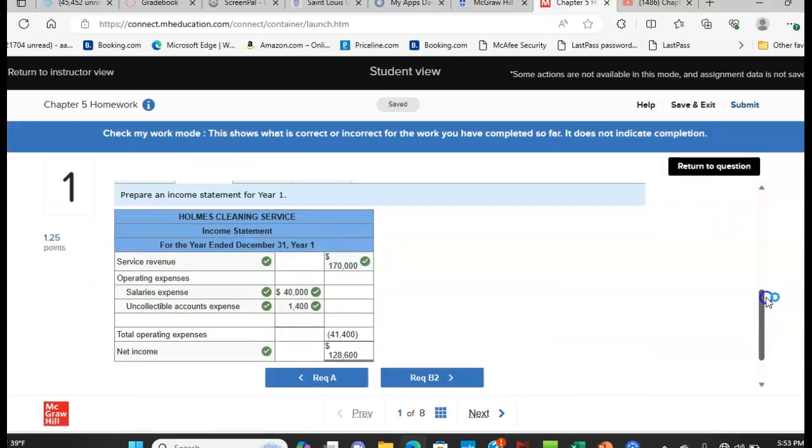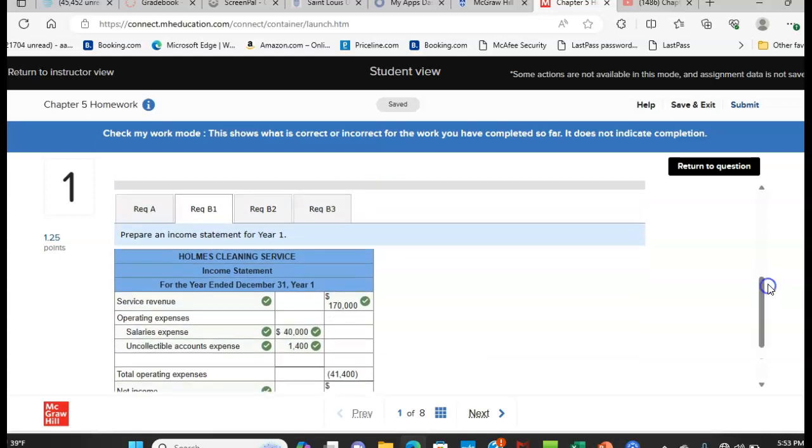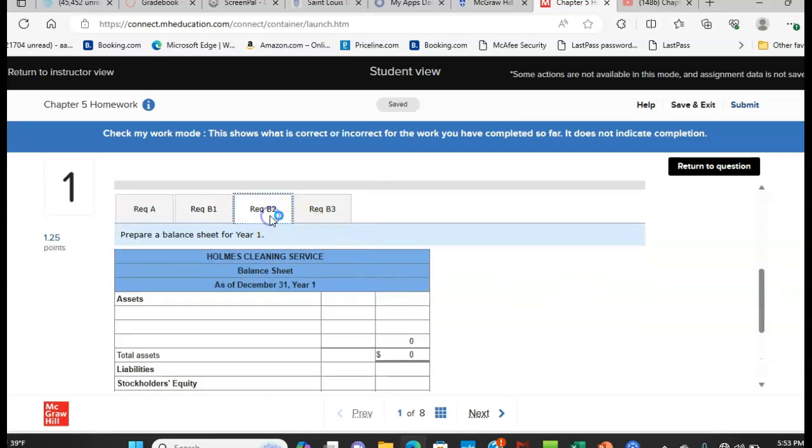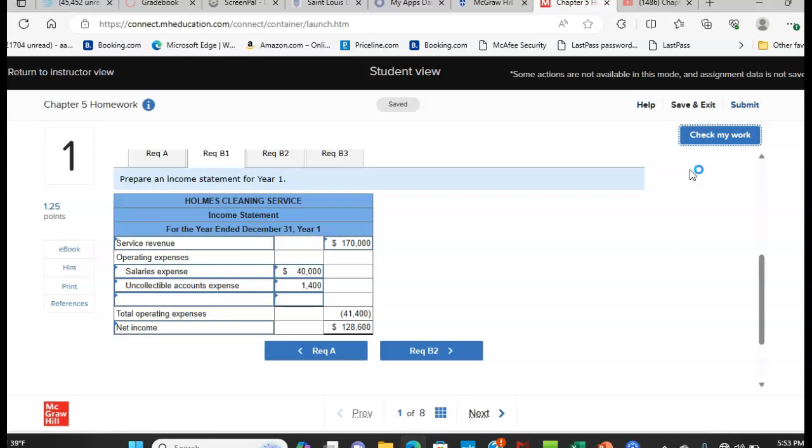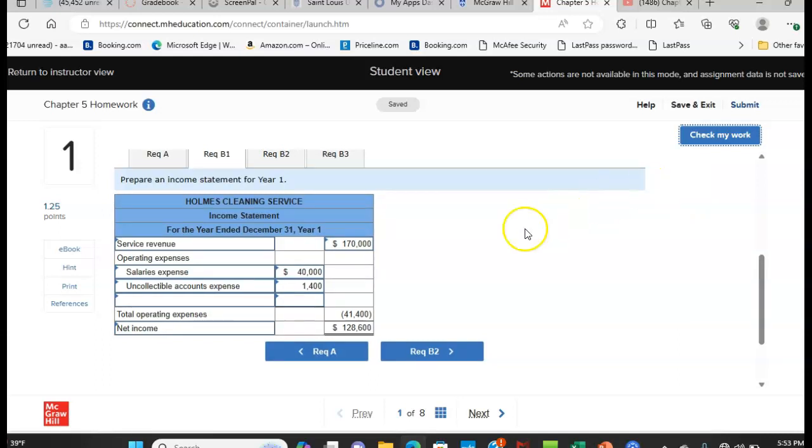And ting, looks good. All right. We can move on to requirement B2, which is for the balance sheet. So for our assets, return the question. Forgot that last time. One of your classmates said, Professor Reeves, you didn't have to return the question, but that's why you couldn't do anything. I got it this time, so thank you.